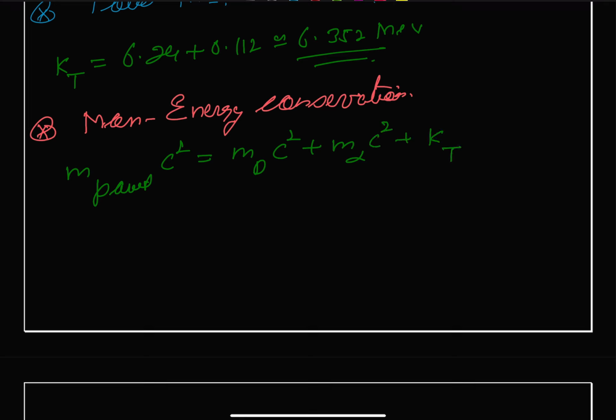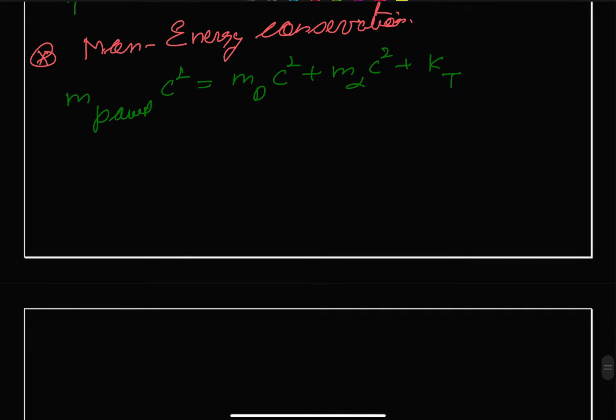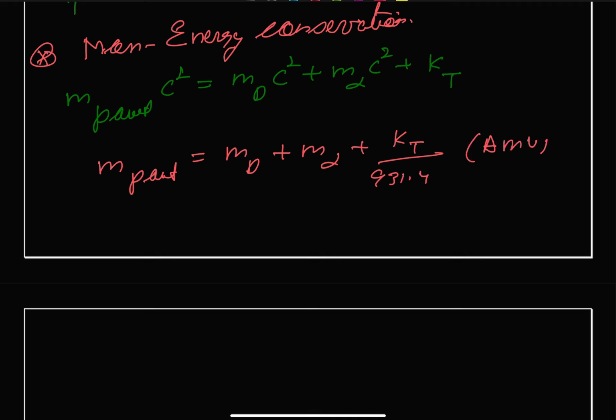And in terms of AMU, we can write this as mass of the parent is equal to mass of daughter plus mass of alpha plus K total divided by 931.4.